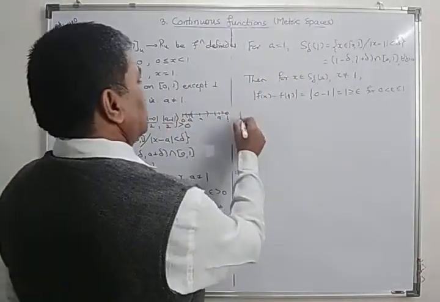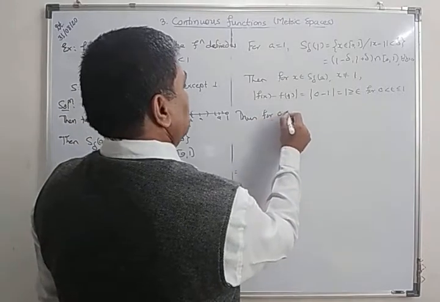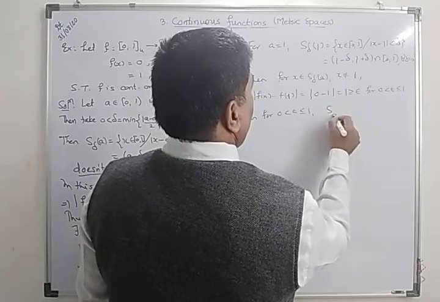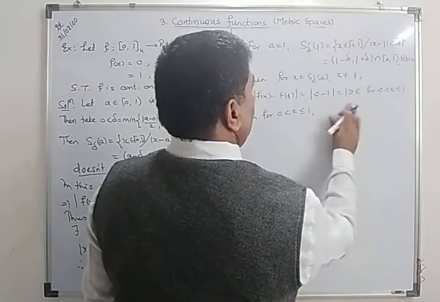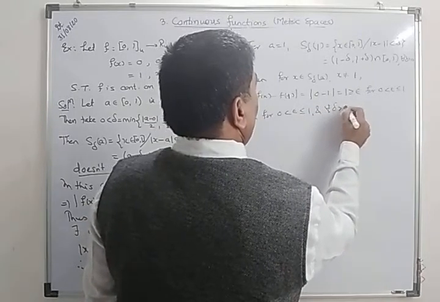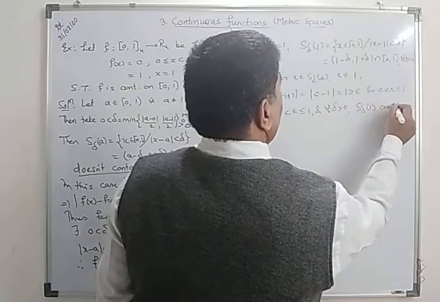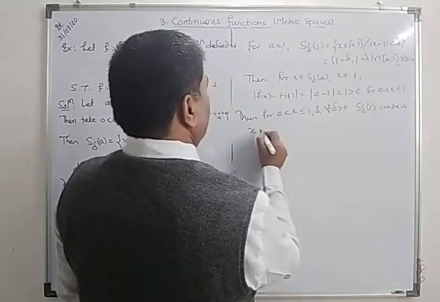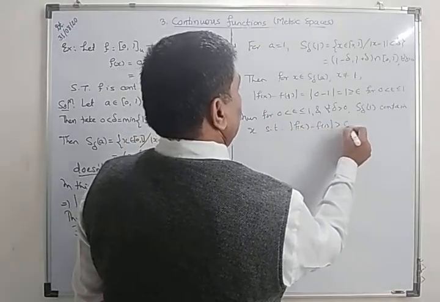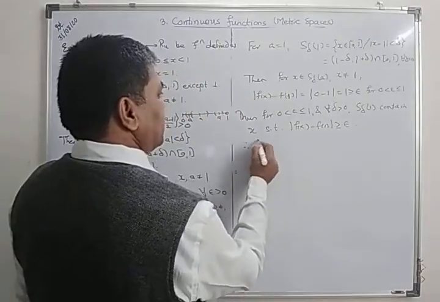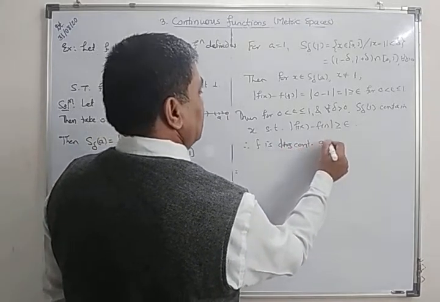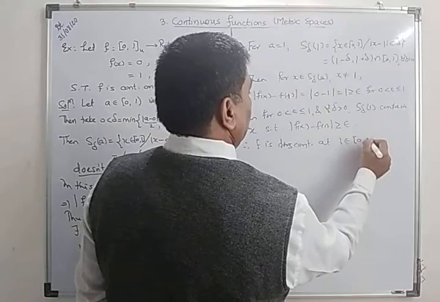Okay. Thus, for 0 less than epsilon less than or equal to 1 and for any delta greater than 0, S delta 1 contains x such that mod of fx minus f of 1 is greater than epsilon, and therefore f is discontinuous at 1 belongs to 0, 1.